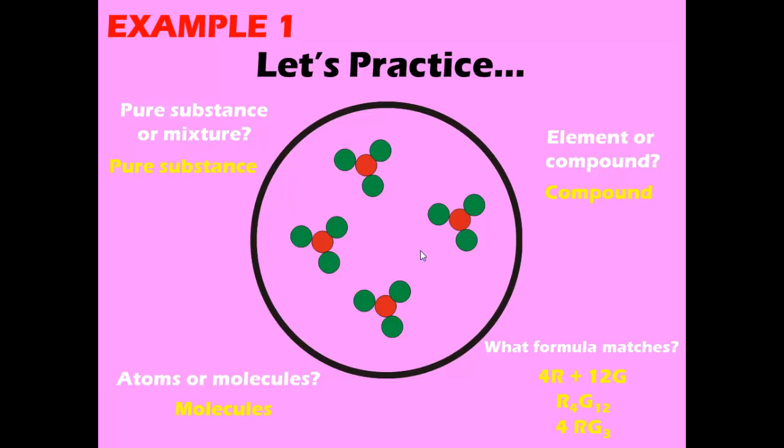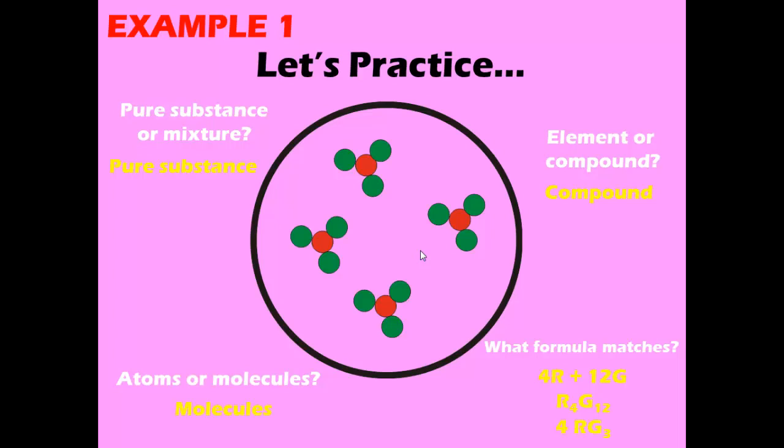Well, as I look at the first option, 4R, I guess that probably means 4 red atoms. And then it looks like we're adding 12G, which I guess means 12 green atoms. But the way that this is written is suggesting that this is a mixture, that the red atoms are physically being mixed together with the green atoms.